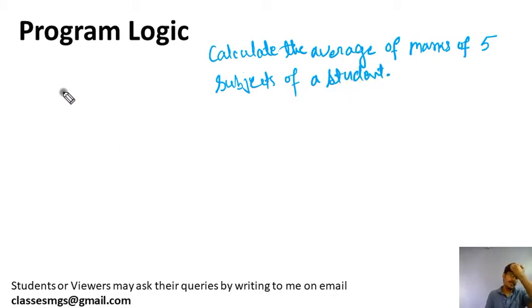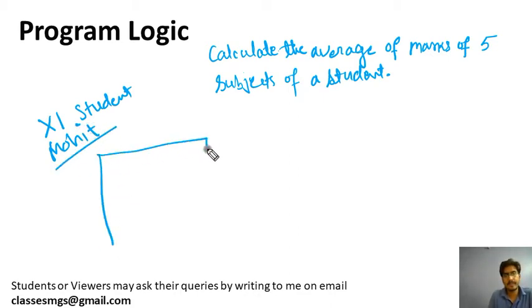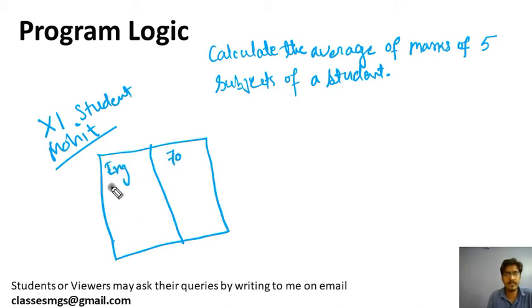First we will understand the problem. Let's suppose there is a class 11 student, let's suppose his name is Mohit, and he got marks in 5 different subjects. English, he got 70 marks.